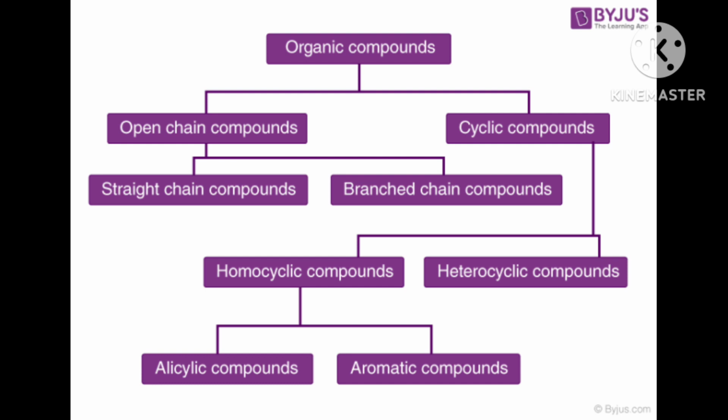It means carbon will be in the middle, and with the carbon, CH3 will be on the left and right, and a third CH3 will be up. Three CH3 will be there, and the fourth valency will be hydrogen. Carbon has 4 valency.